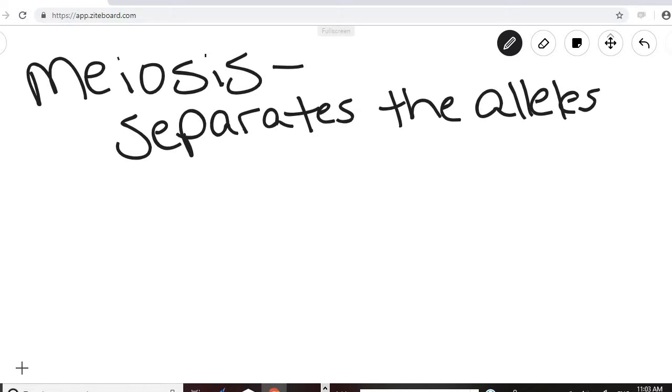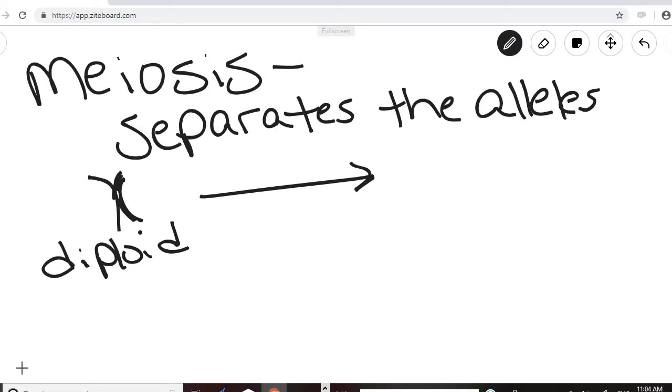So you started out with chromosomes looking like this. You started out with a pair of chromosomes, diploid, and when you go through meiosis, you end up with haploid cells that have just half of the genetic information.